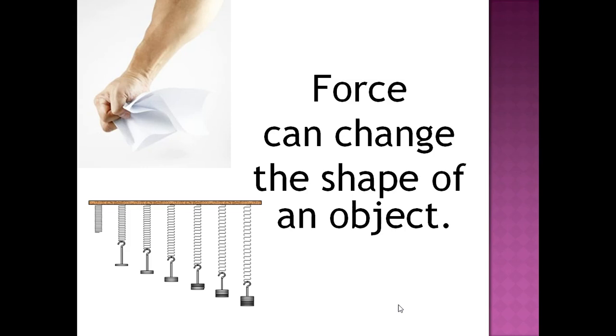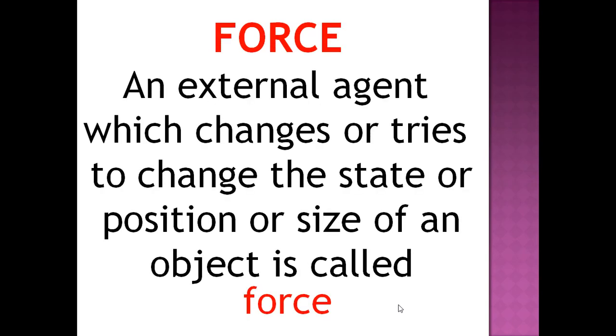So, force can also be defined as an external agent which changes or tries to change the state or position or size of an object. What is it, children? An external agent which changes or tries to change the state or position or size of an object is called force. Is that clear, children?